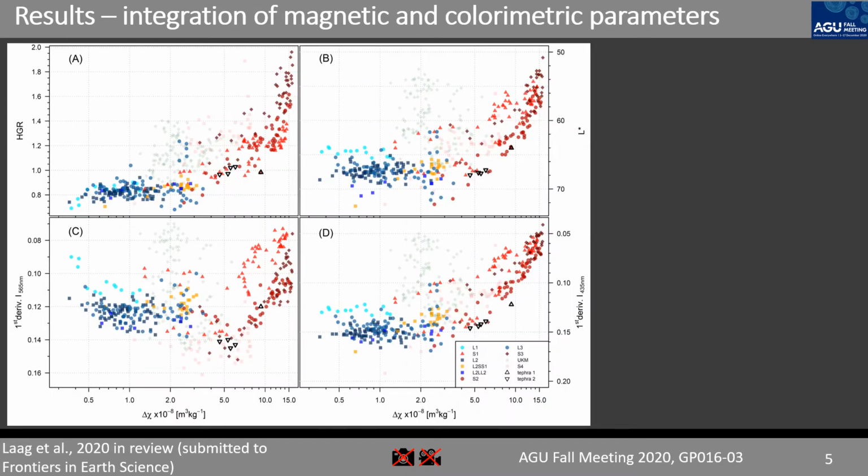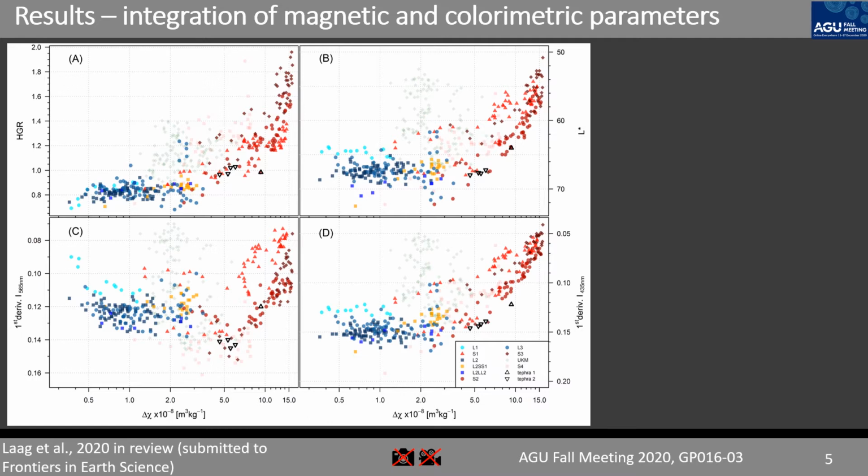Now we integrate magnetic susceptibility measurements, to be more precise, the frequency dependence, with colorimetric parameters. I selected in this graph, on this slide, 4 colorimetric parameters, which I plotted against the frequency dependence.